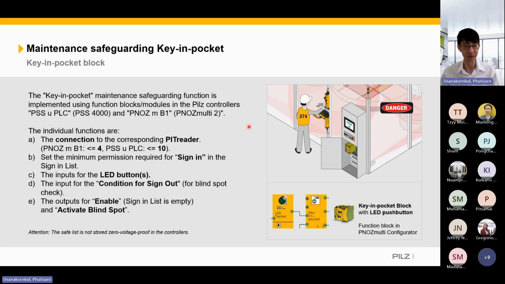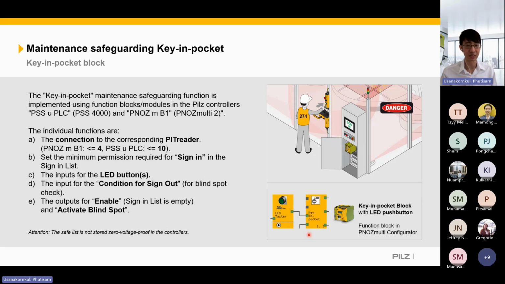In our software, PNOZ Multi Configurator, you can use this certified function block for safety applications. You can drag and drop very easily, and you can set all the parameters for the LED push button and the PID reader.